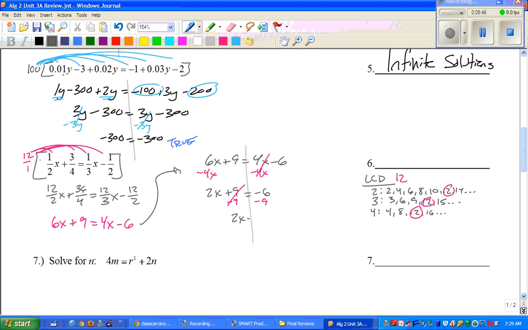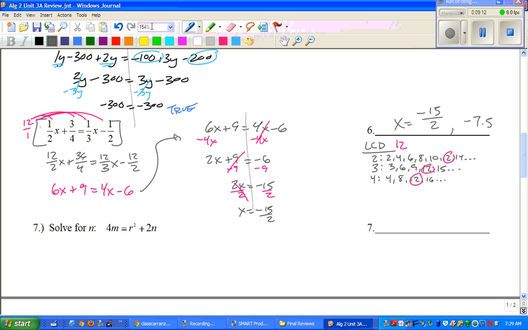Don't you think? 2x equals negative 15. Last step is to divide. And we get x equals negative 15 over 2. And we need to check, can we reduce that? The answer is no. So negative 15 over 2, if you divide it out, and if you guys are good with your decimals, that would be negative 7.5.